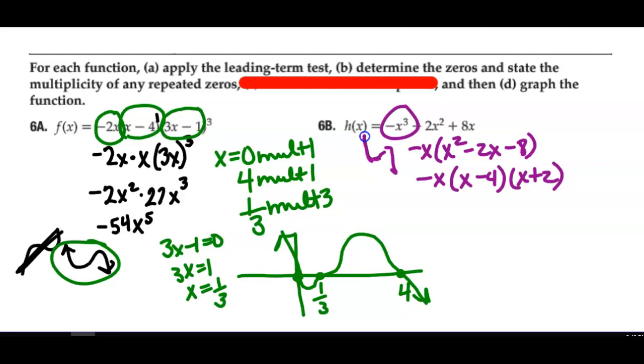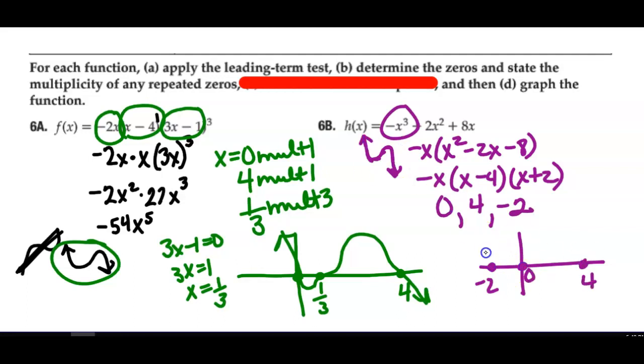A negative cubic is this shape, left end up, right end down. It has zeros at 0, 4, and negative 2, all of multiplicity 1. Now, negative 2 would be over here, 0 would be in the middle, positive 4 would be over here. And this shape means it's going to come from here, cross, cross, cross, because it is all multiplicity 1.